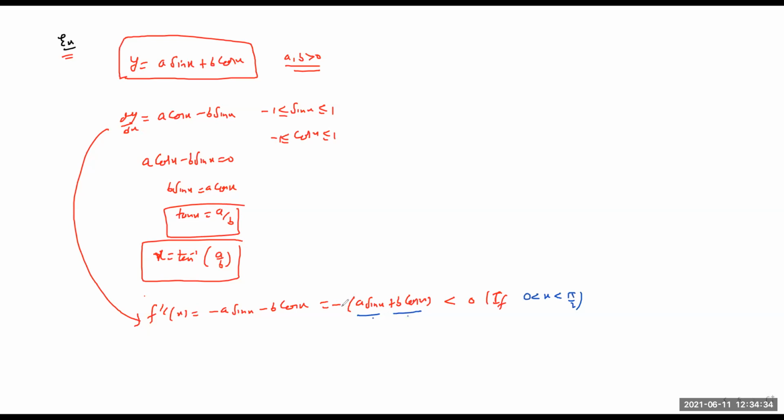But this minus will make it negative, and because it's negative, what you're going to get is the maximum. So this is the way to say what is the maximum value possible in the first quadrant.